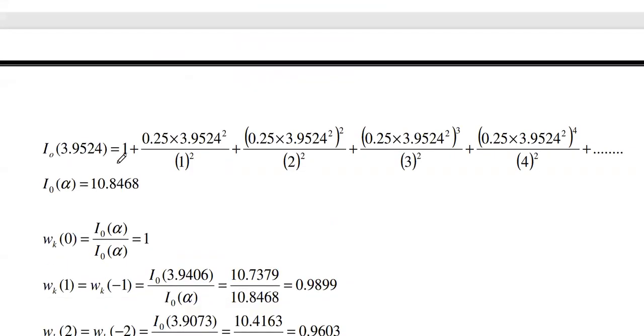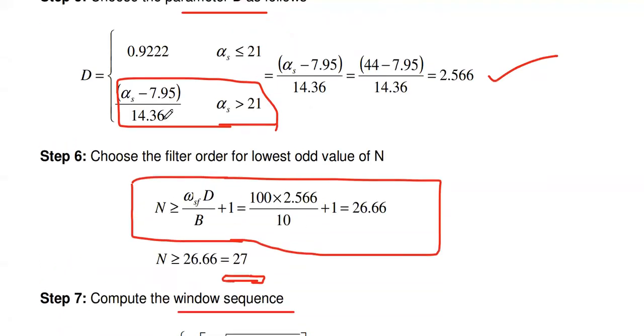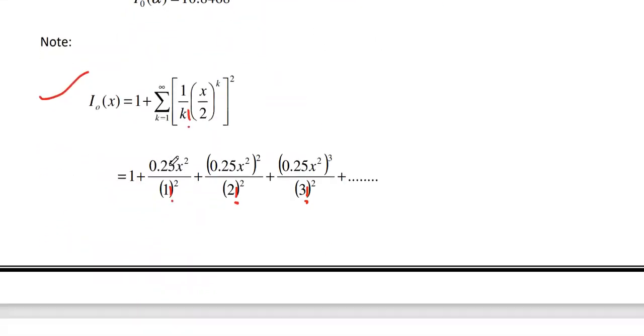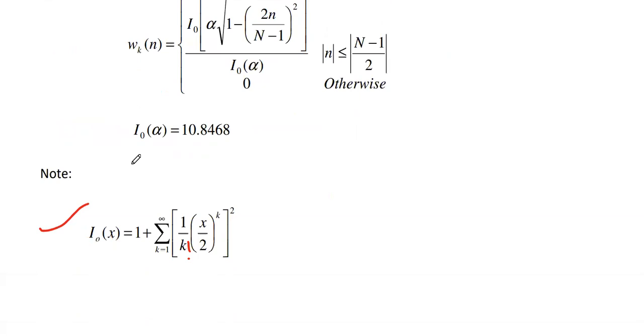Here for one sample, I am calculating that I naught of alpha value. What is alpha? Alpha is 3.9524. Here we want the I naught of alpha value in order to find the windowing sequence.